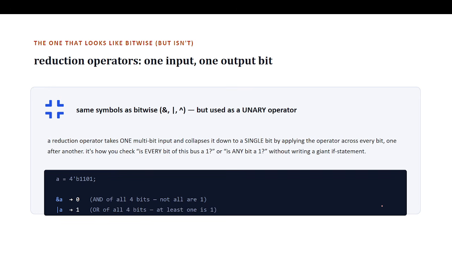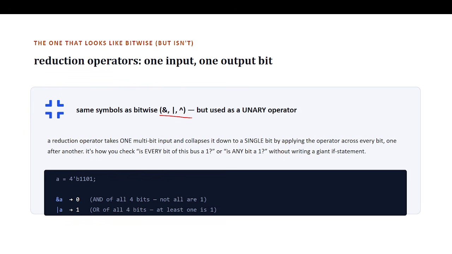The next category often confuses students initially because the symbols are identical to the bitwise operators we discussed earlier, that is ampersand, or, and power operation. But here they are used as unary operators, meaning they operate on only one operand, not two.